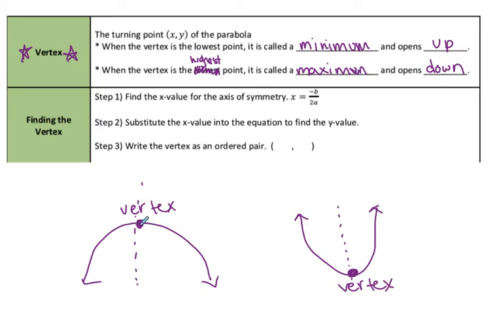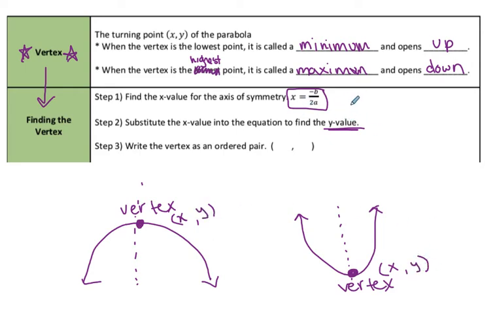And so the vertex is on this axis of symmetry. So when we want to find the vertex algebraically, we first need to find an x value. So that'll give us x. Then we need to substitute our x value back into the equation to find the y value.